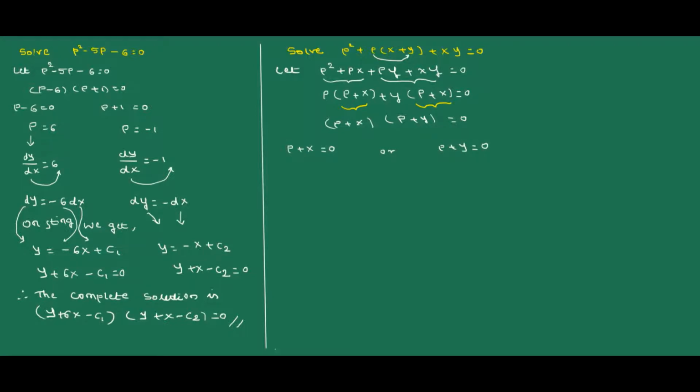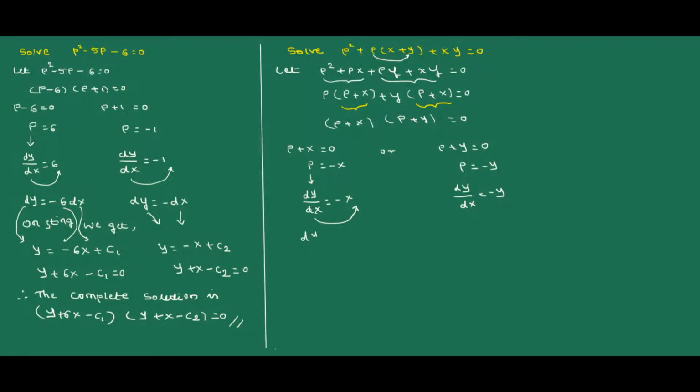So now substitute the value of p: here p is equal to minus x and here p is equal to minus y. Substituting the value of p, we can write dy divided by dx is equal to minus x, and here dy by dx is equal to minus y. Now separating the variables means transpose dx to the right hand side.